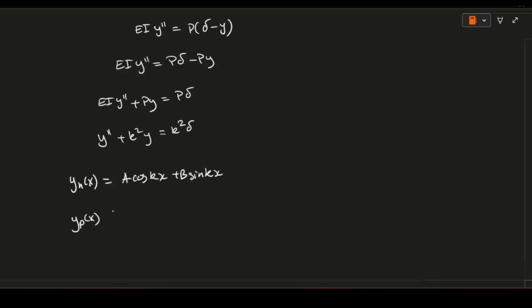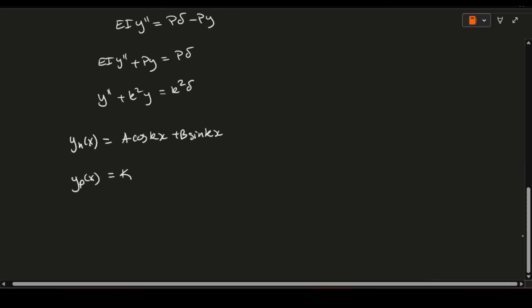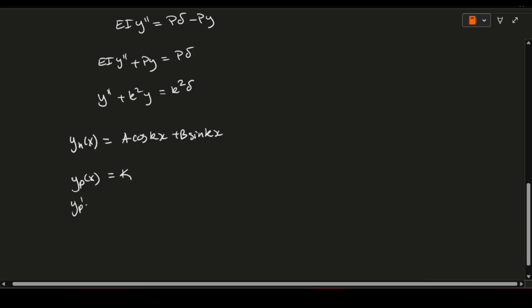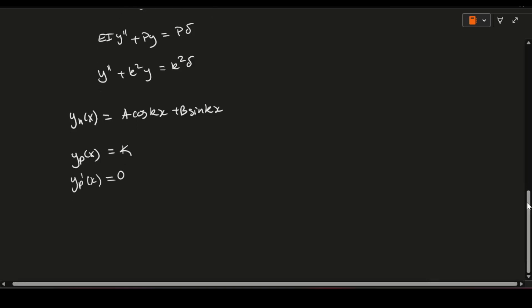So we can say that this is equal to a constant K. Now if we take the first derivative of this particular solution, we get 0. If we take another derivative, obviously we get 0 as well.